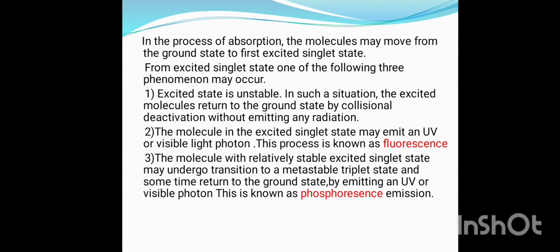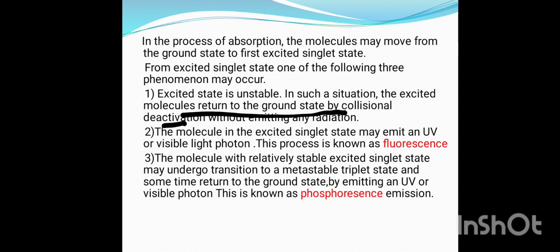At the excited state, the electron is unstable, and the excited molecules may return to the ground state by collisional deactivation. In the excited state they are at high energy, so the electrons may collide with each other, lose some energy, and come from the excited state to the ground state.